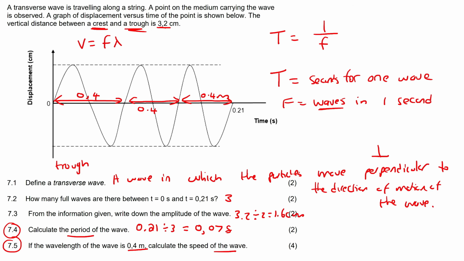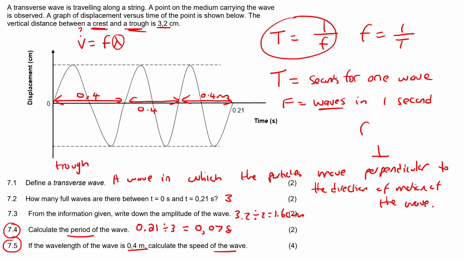So we want to calculate the speed. That's the unknown. We know the wavelength. They gave that to us as 0.4. We don't know the frequency, but we do know that there are these 2 formulas. T equals 1 over F and F equals 1 over T. So frequency is 1 over period. And we already worked out the period as 0.07.